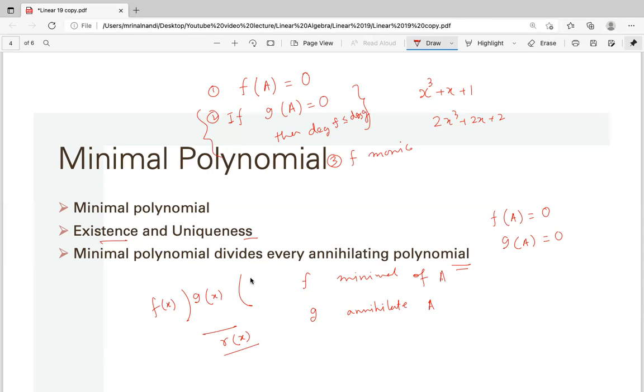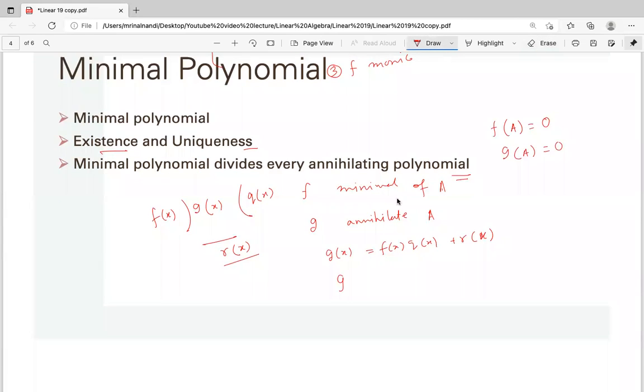Say the quotient polynomial is Q(x). Now G(x) equals F(x) times Q(x) plus R(x). G annihilates A, so if you put A here, because it is an identity, it is also true for A. We get F(A) is 0 and G(A) is 0, so R(A) is 0.